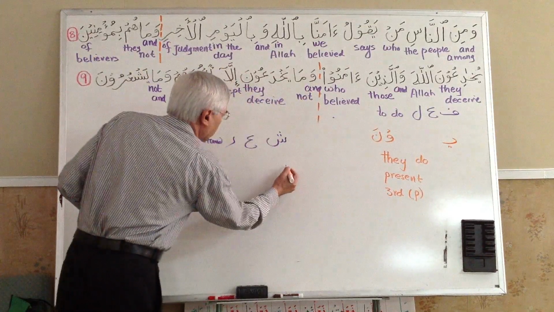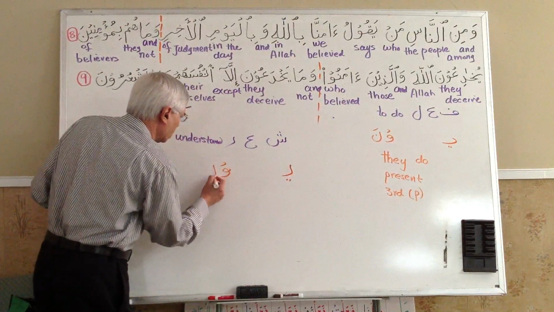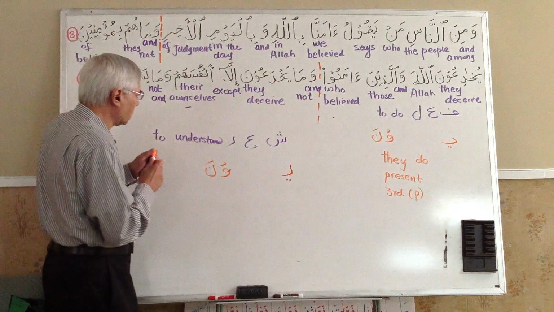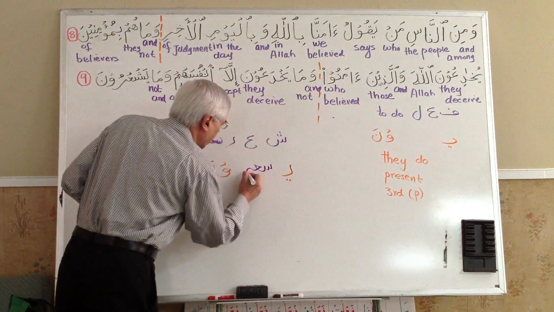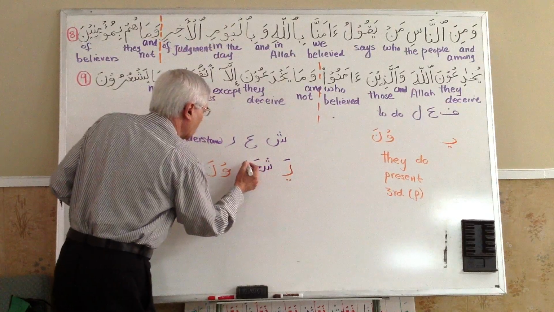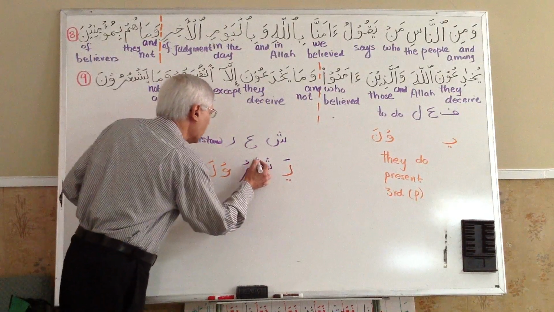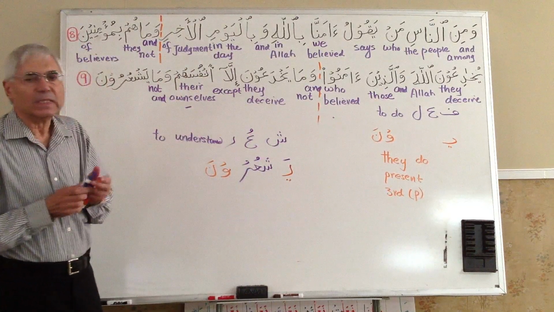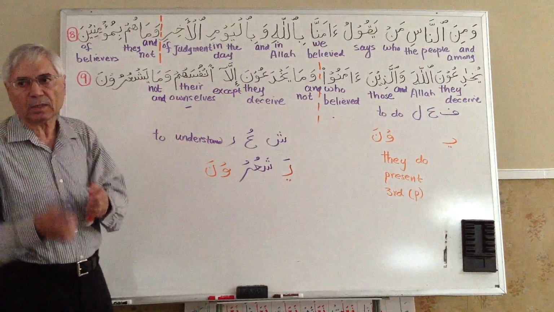So this will become ya and guna, and you put these three letters in the middle: sheen, ain, and ra. So it will become yash'aruna. Yash'uruna. The middle letter in this case will carry a dhamma. Yash'uruna, they understand. Ma yash'uruna, they do not understand.